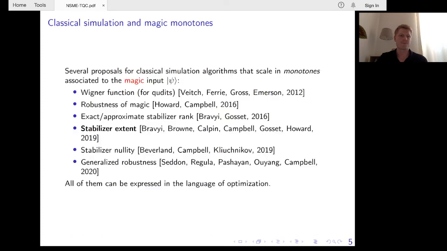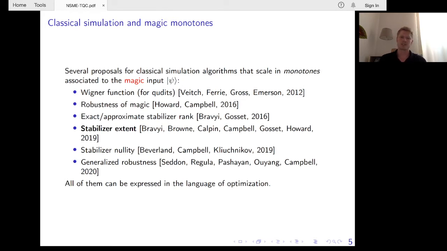Okay, people proposed a lot of different ways to measure this non-stabilizerness, and these measures are usually called magic monotones. And during the past decades, there were several proposals. First of all, there's the Wigner function for qubits, which was introduced by Veitch, Ferrie, Gross, and Emerson in 2012. There's the robustness of magic, introduced by Howard and Campbell. They work on the level of density matrices.